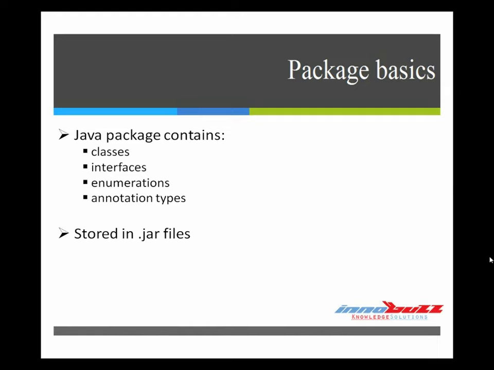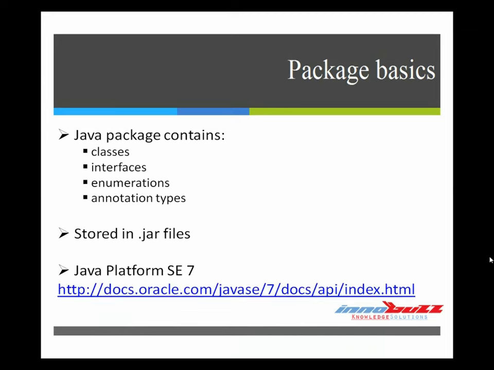And we can check this at the Java Platform SE 7, for example, at this address, docs.oracle.com/java/7 docs/api/index.html. We will browse a little bit on this page to look around at what we have there.